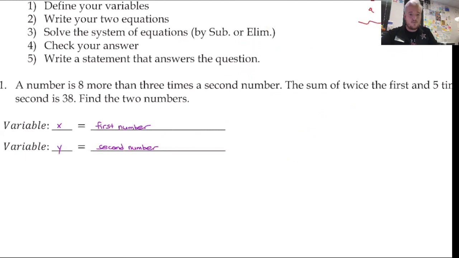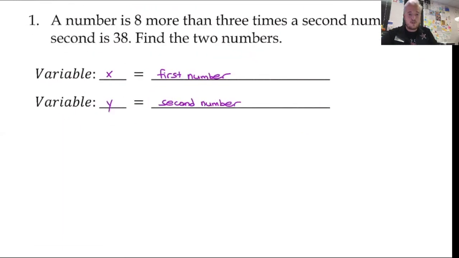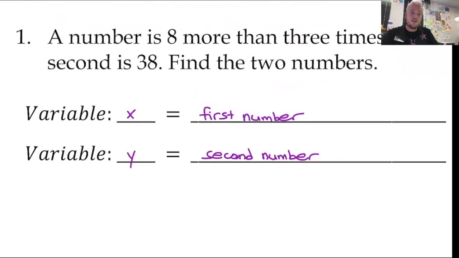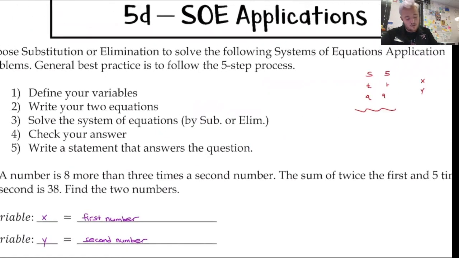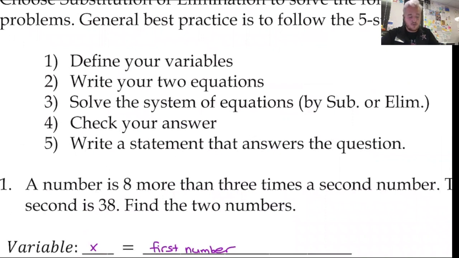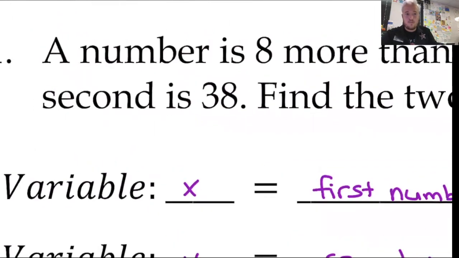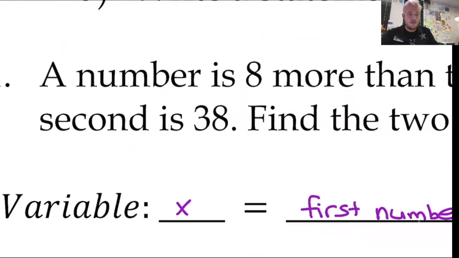All right, so now that we've distinguished what our variables are going to be, now we want to write the equations. There's kind of a 5-step method that we're going to use. We just did step 1, which is define our variables. Now we want to move on to writing our equations. That's going to be based on the context of the actual problem. So looking here, a number is, so it doesn't matter whether you say x or y.